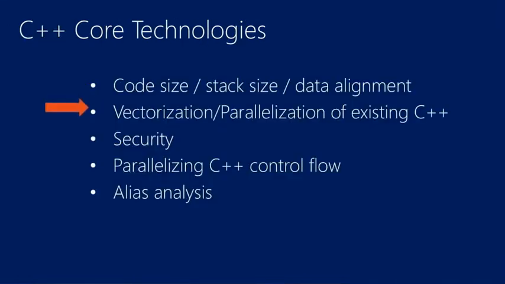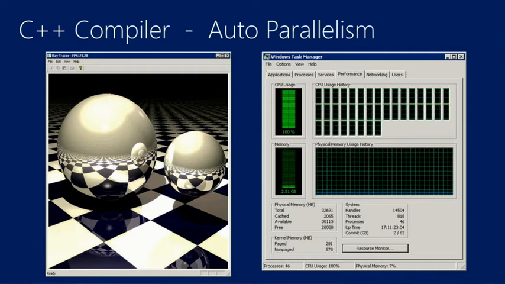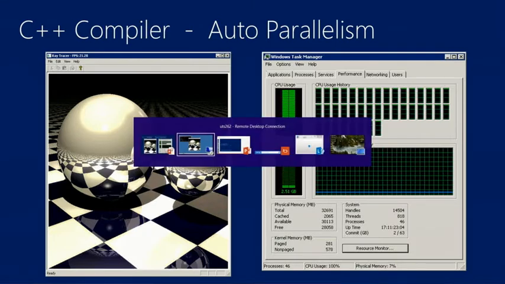So we talked about code size, and now I'm going to just abruptly go into vectorization and parallelization of existing C++. You saw the size of the chip and you saw all the cores, so you can imagine that we've had to recently put an enormous amount of time into being able to extract parallelism, especially from the legacy C++ that's out there. So I just wanted to give you an example of a demo.